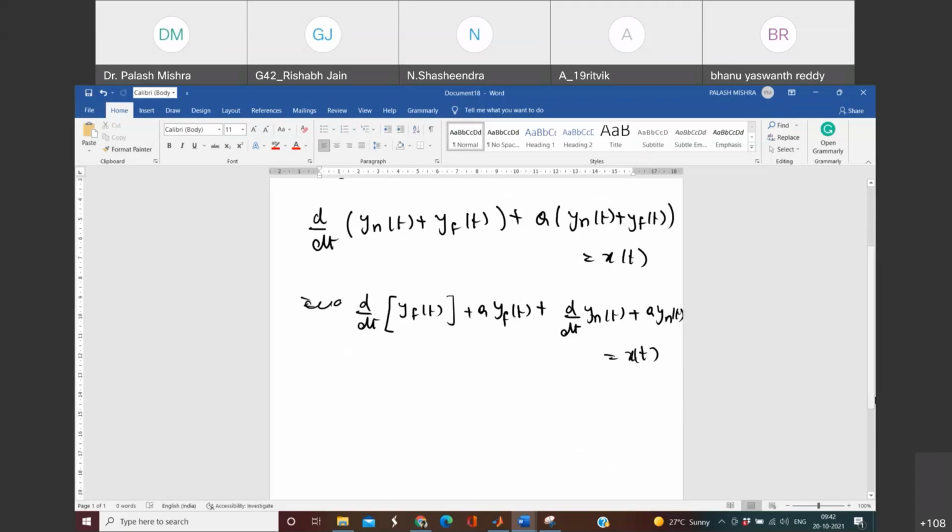Now, can someone tell me the value of this portion? What is it? You can just guess.